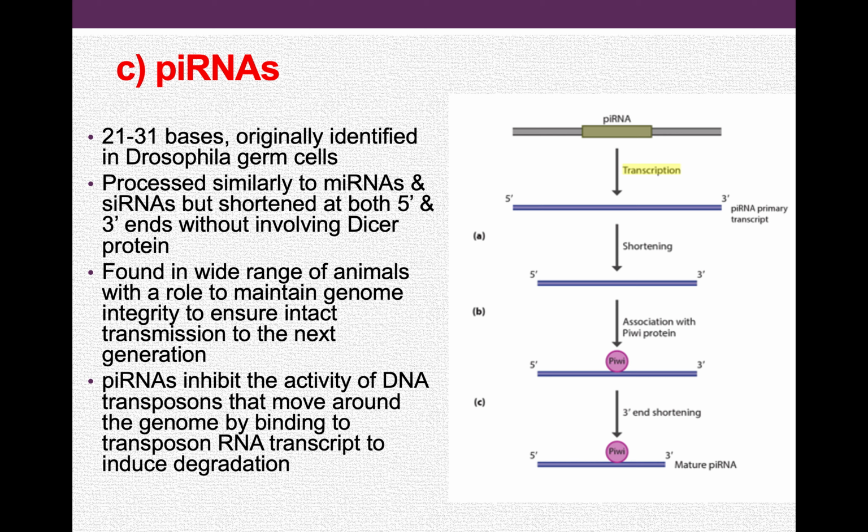It also interacts with PIWI protein. PIWI protein is an RNA binding protein, and it functions as a guide to cleave target RNA and also cause 3' shortening. Apart from that, it also promotes heterochromatin assembly and sometimes methylates DNA.